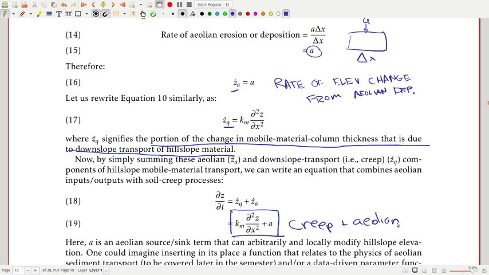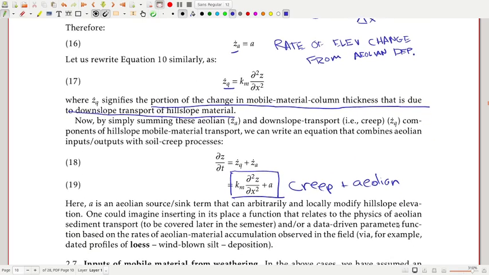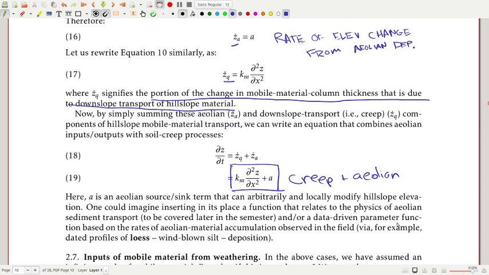And that's when you have this constant where it can be a positive, which makes it a source, or a negative, which makes it a sink. And that can then arbitrarily affect, based on however we, from some external knowledge source, know the Aeolian processes are occurring, the change in thickness of the hillslope material, or in this case, elevation of the surface over time.